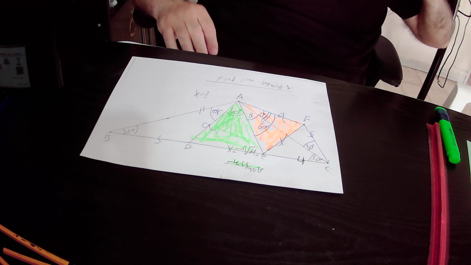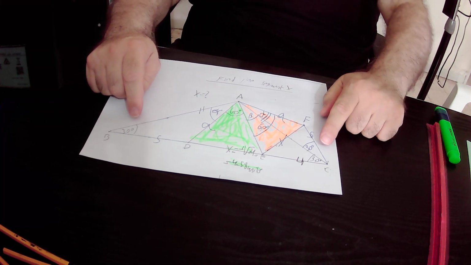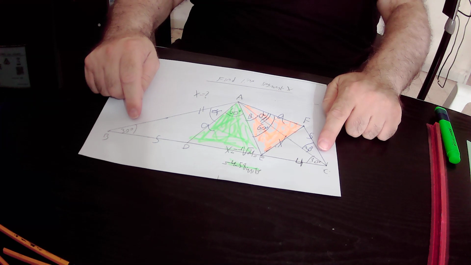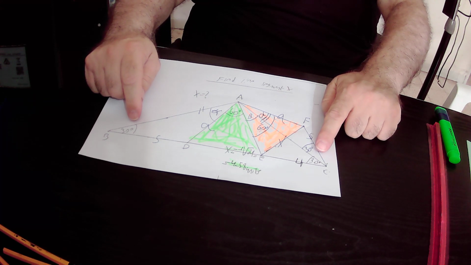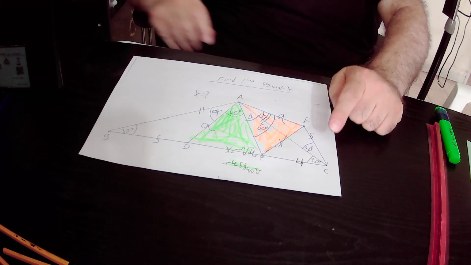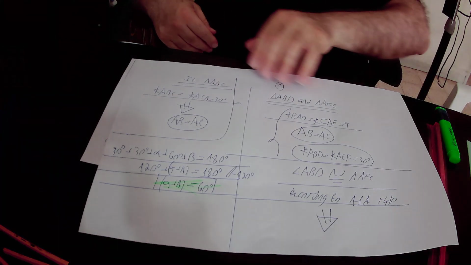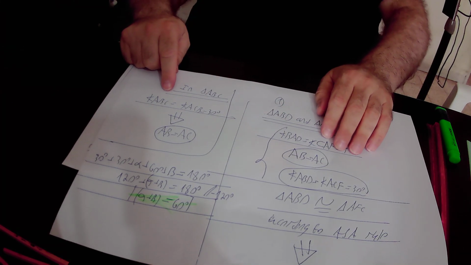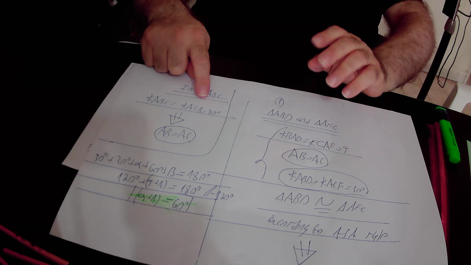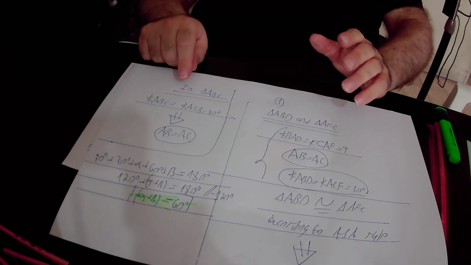So first of all, we focus on triangle ABC. You know that those two angles are equal to each other, they are both equal to 30 degrees. So in triangle ABC, angle ABC equals angle ACB, and they are both 30 degrees, therefore they are equal to each other.